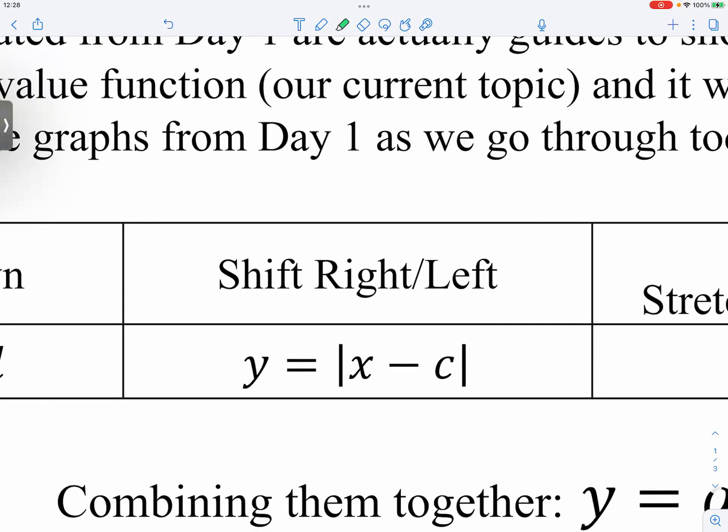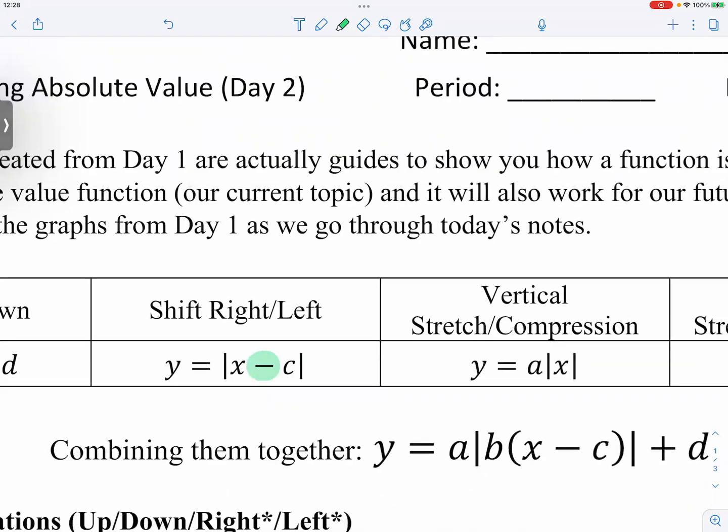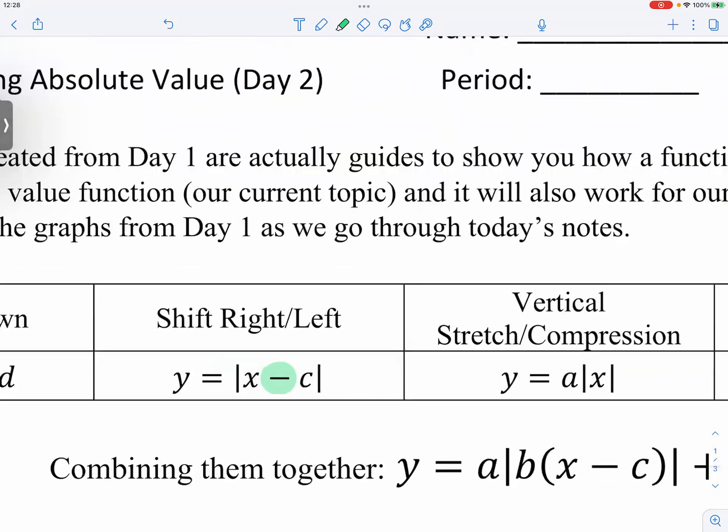And I'm going to highlight this. If you have a highlighter, I would strongly encourage you to highlight it, just to make sure that you are well aware how to interpret the left-right shift, because that's going to be a lot of people making that mistake, and you don't want to be one of those people. Okay.